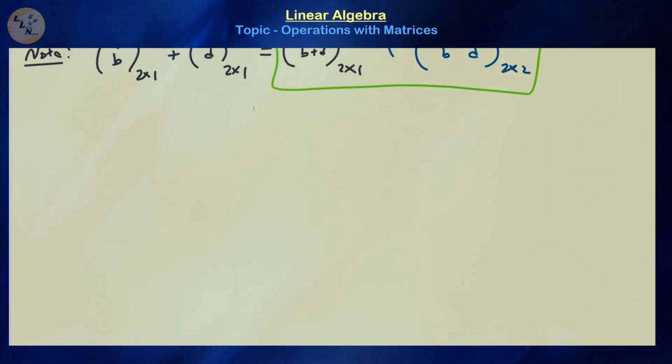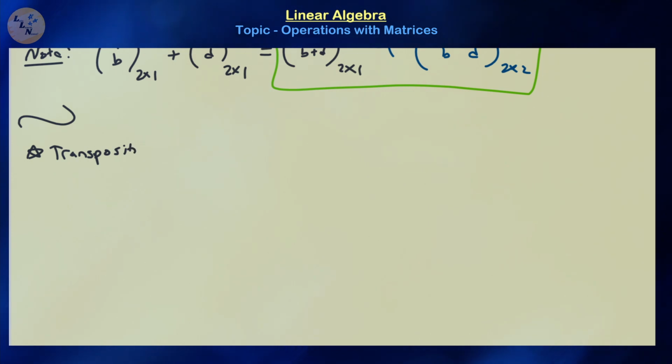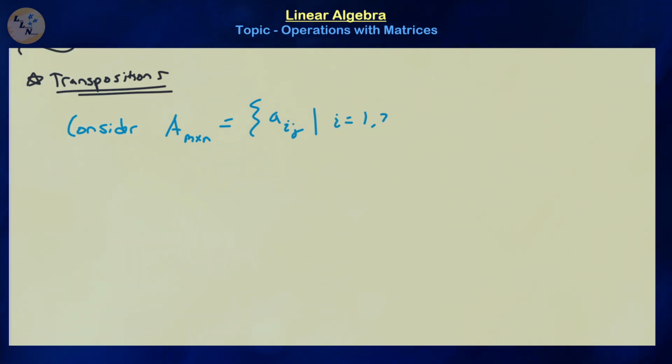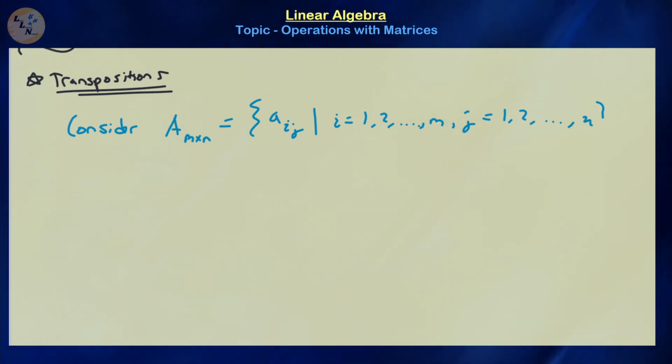So the next operation that is technically easy to understand is transposition. These are going to be very, very handy in several different applications. So let's consider a matrix A, m rows, n columns, which is of course going to be a set of elements Aij, where i ranges from 1, 2 down to m, and j is going to range from 1, 2 down to n.